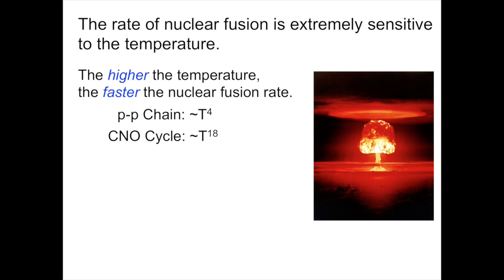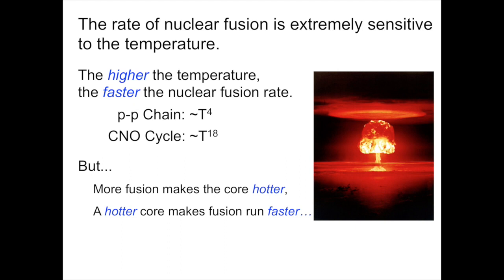This profound temperature sensitivity is an important reason why, as the temperature in the core increases beyond about 17 million degrees Kelvin, the CNO cycle quickly comes to dominate. Once it starts, the CNO cycle basically begins to take over in a very, very small range of temperature. However, this temperature sensitivity carries within it the seeds of what looks like a fundamental instability.